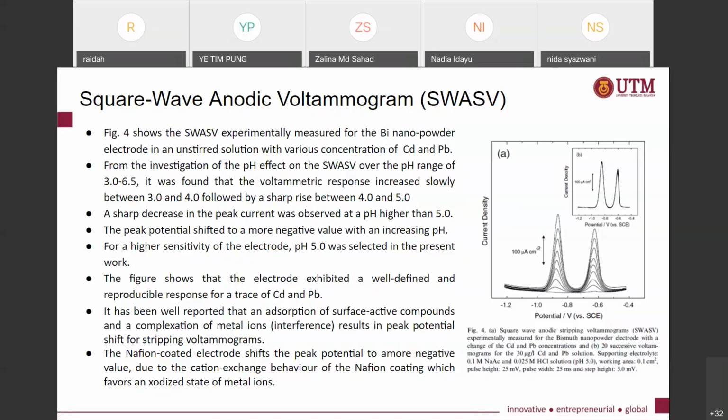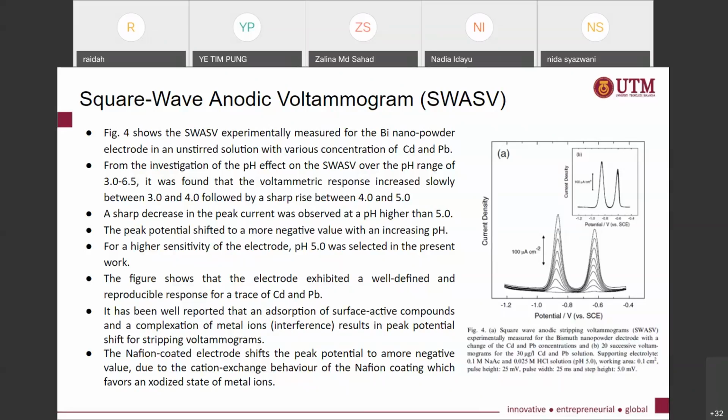A sharp decrease in the peak current was observed at pH higher than 5.0. On the other hand, the peak potential shifted to a more negative value with increasing pH. For a high sensitivity of the electrode, pH 5.0 was selected in the present work.